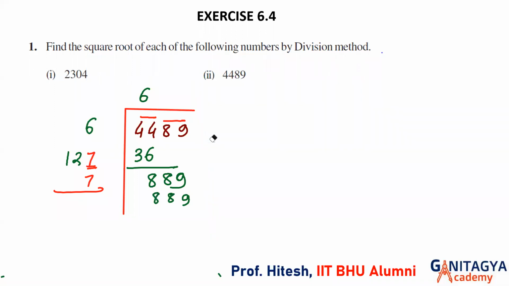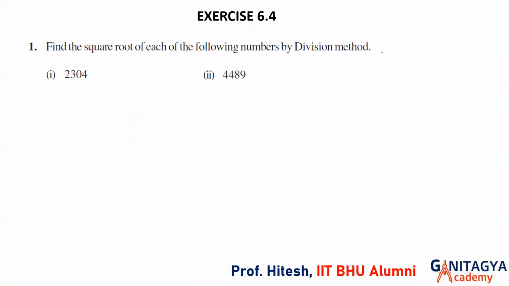So the remainder will be 0. So we put 7 over here, and you can say the square root of 4489 is equal to 67. So the second question is done.